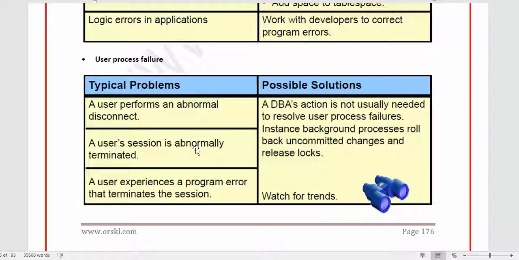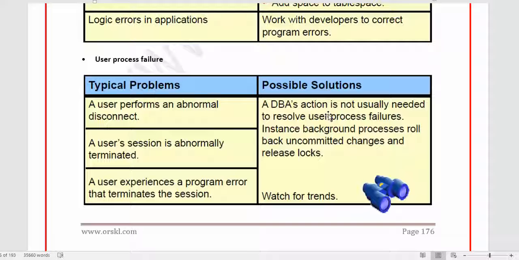That is a session termination, right? And a user experiences a program error that terminates the session because of some program or application code. If it sees a very violent error, it is also considered an abnormal shutdown of the session with respect to the database. For all of these typical problems, there is nothing that you can do.